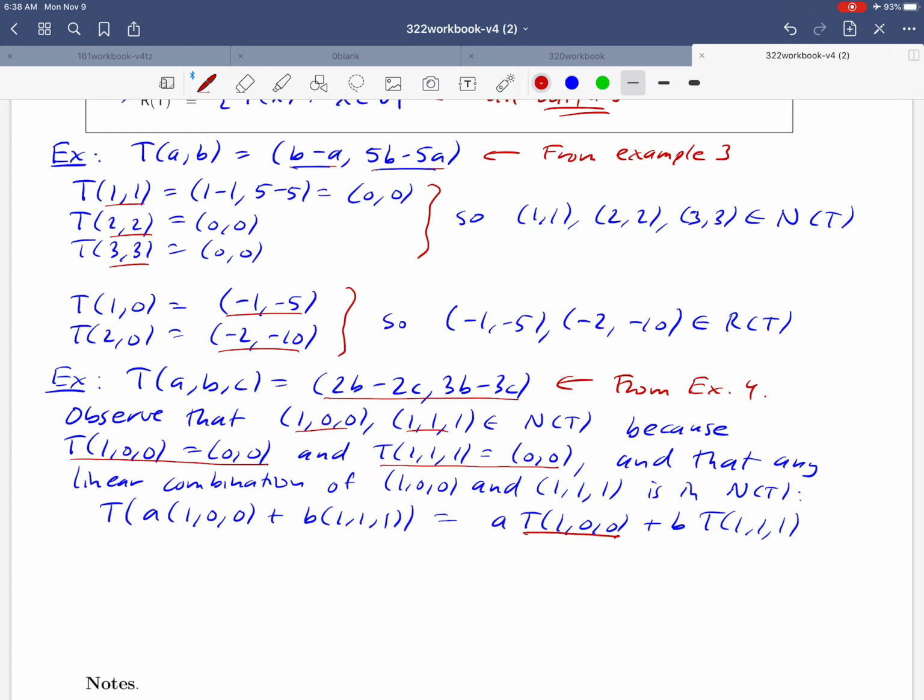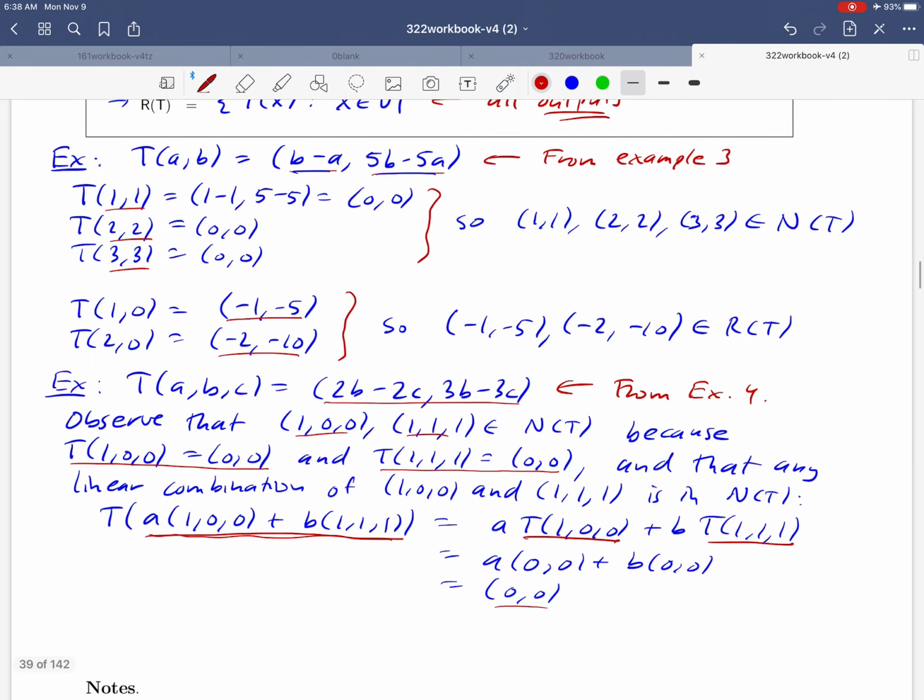So both of these vectors that I'm underlining are equal to 0, which means that we're just going to get a times (0, 0) plus b times (0, 0), and that gives us the 0 vector. So we've confirmed that T of this linear combination really does give us the 0 vector. So this thing over here is in the null space.